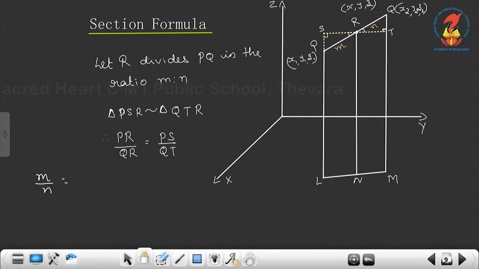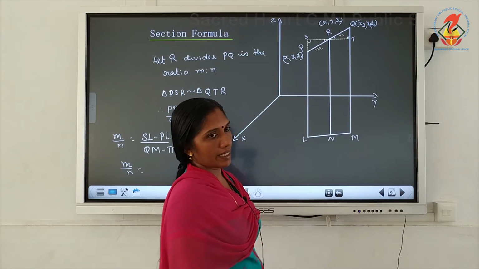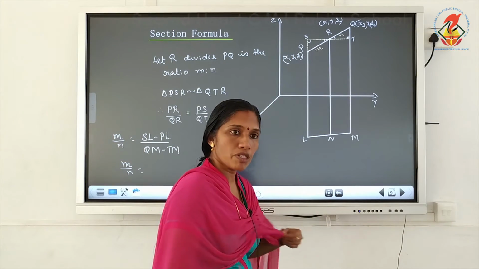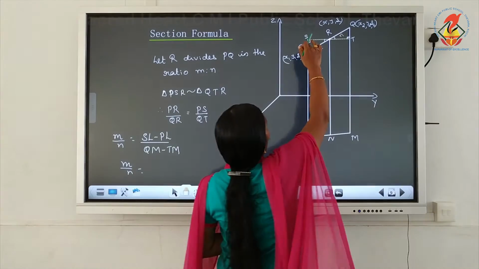Now what is PS? PS is SL minus PL, isn't it? And what is QT? QT is QM minus TM. Then can you say what is SL? These are parallel to the z axis, so we can express them in terms of z coordinates only.